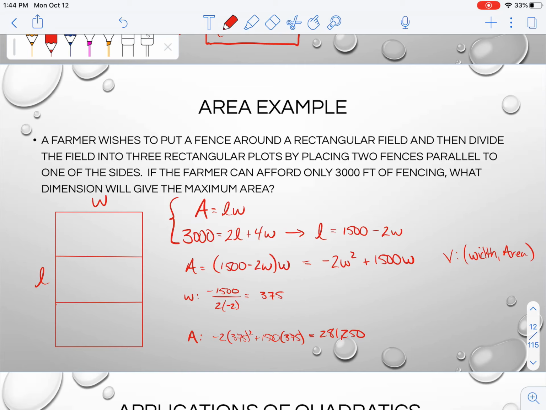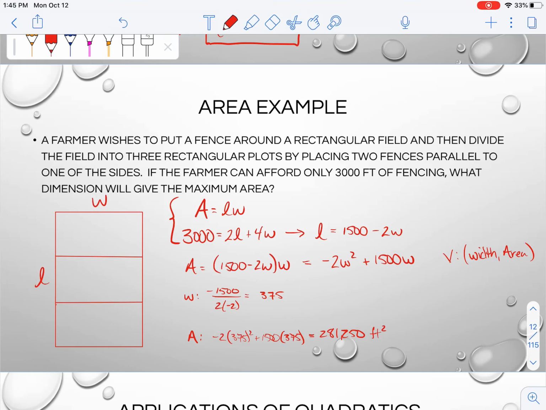Yeah, it sounds about right. There's like 640 acres per square mile, and each acre is 43,500 square feet, I believe. So no, that value does sound right. Okay, so we have a max area of 281,250 square feet.